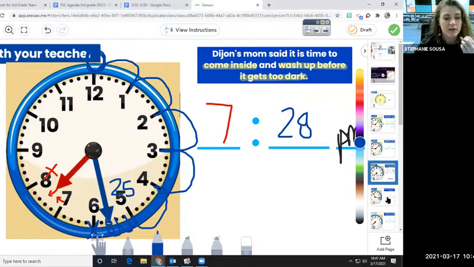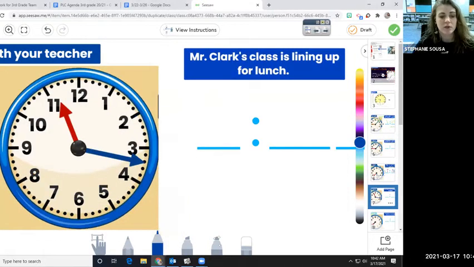Okay, let's take a look at slide 6. This also says with your teacher. Mr. Clark's class is lining up for lunch. Okay, they're lining up for lunch. I know that lunch normally happens right around the middle of the day when we're awake.